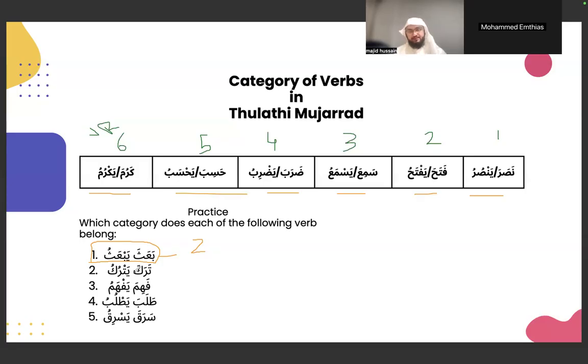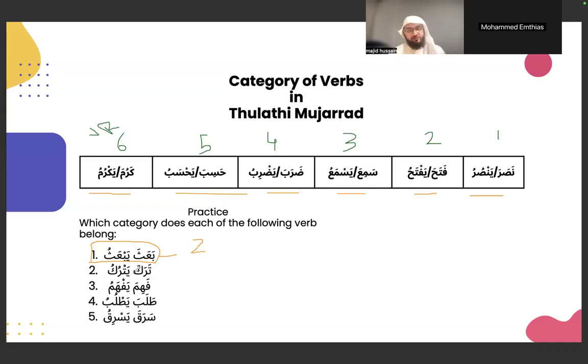It's a small practice. This won't be enough for now, but it is good to have hands-on experience. It comes, and a person gets familiar with it as he grasps more verbs and has more practice with the verbs of Thalathi Mujarrad. But this is the first step, that we need to know the category of verbs.